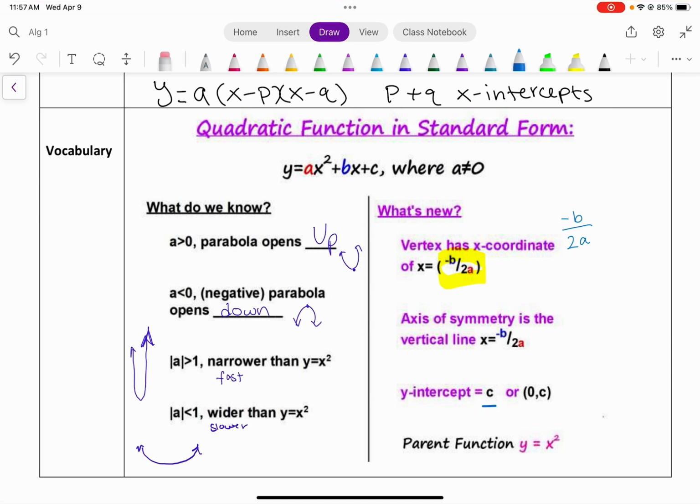We can figure out our y-intercept just by looking at the c value, and that's because if I plug in 0 for x, it doesn't matter what my a or b values are, because 0 squared times a is 0, b times 0 is 0, and we're just left with our c value. So in standard form, if we substitute 0 in for x to find the y-intercept, we'll only be left with our c.